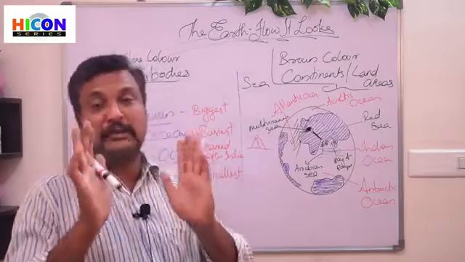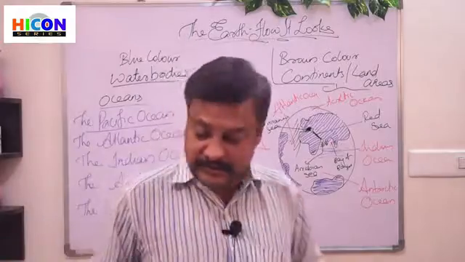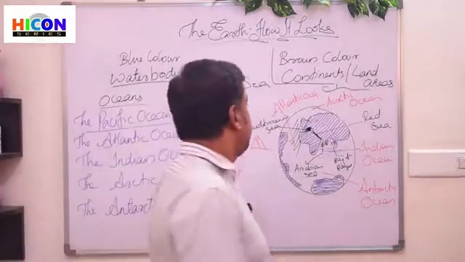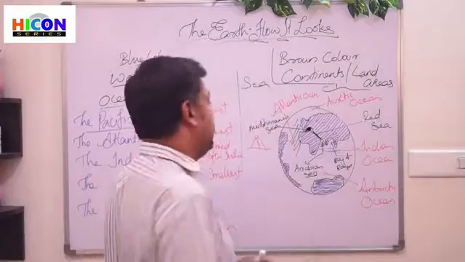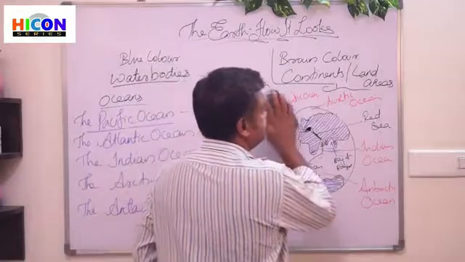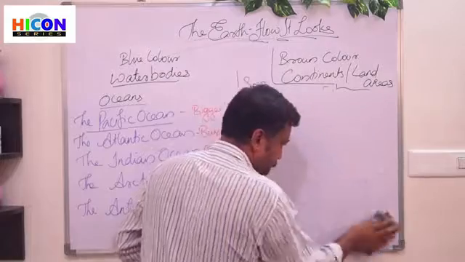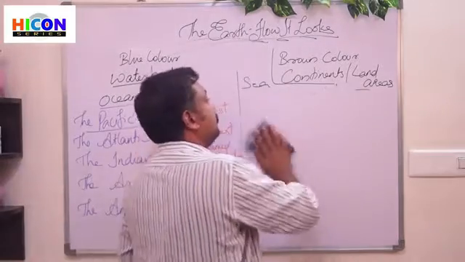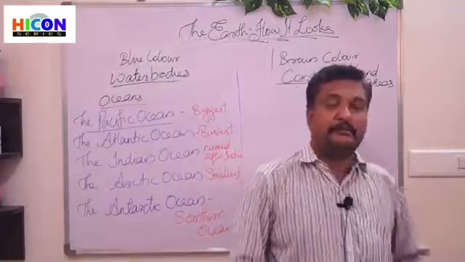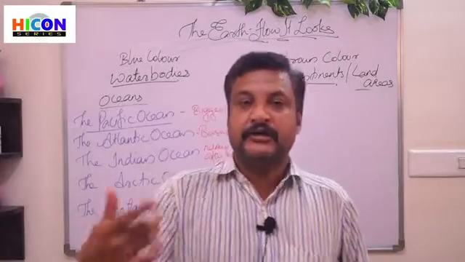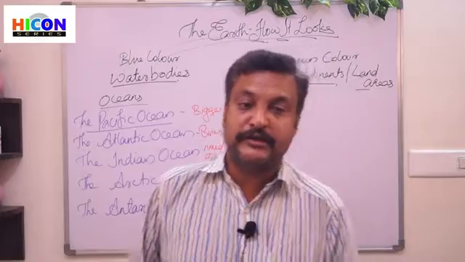The land mass areas or the continents. Now, how many continents are there? Got this concept, isn't it? Yeah, I'll rub it off. So what is a continent? The huge land masses that are found in between the water bodies are called the continents.